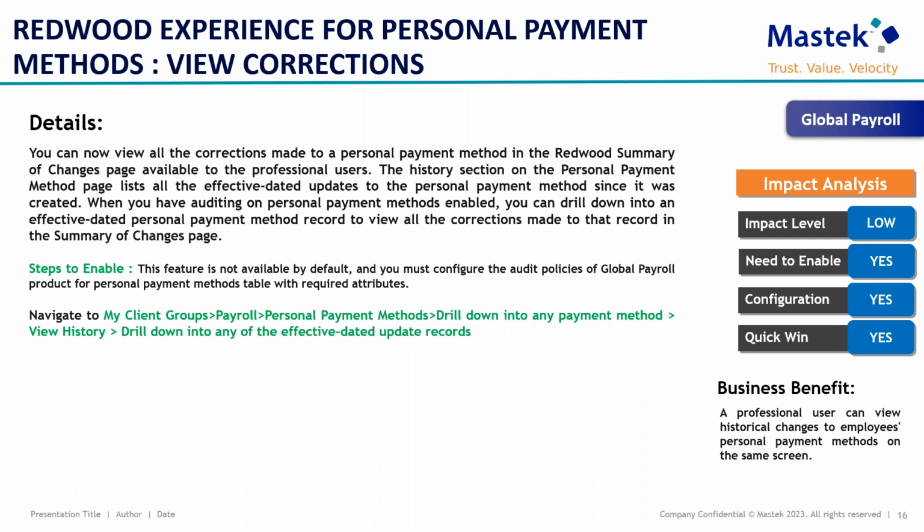But in terms of overall future benefit, a payroll professional can view historical changes to employees' personal payment methods. So it's just a quick win for us, considering the small enablement in terms of audit policies and the small configuration. As a payroll professional, we will have a clear indication of when that person's changes happened.